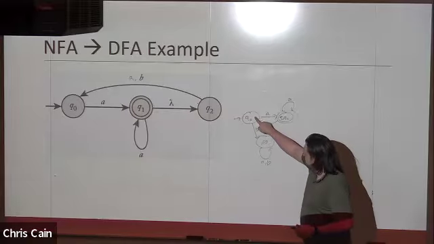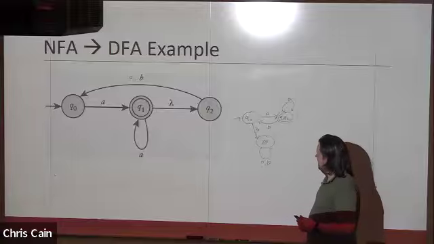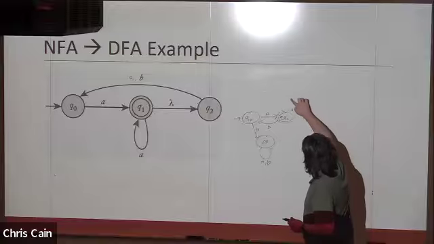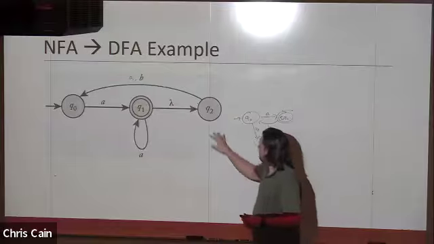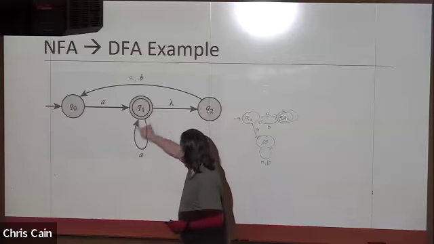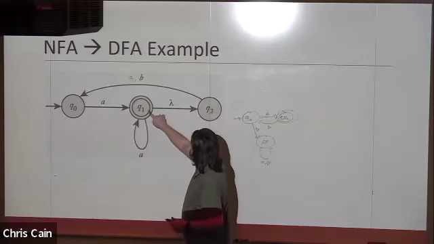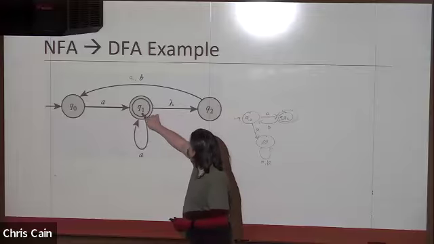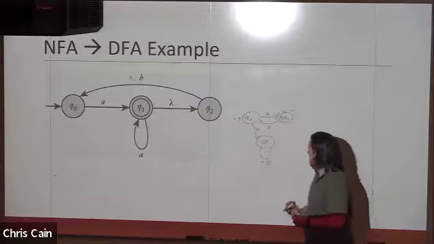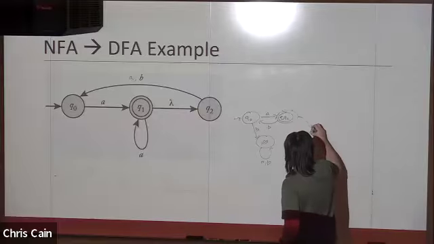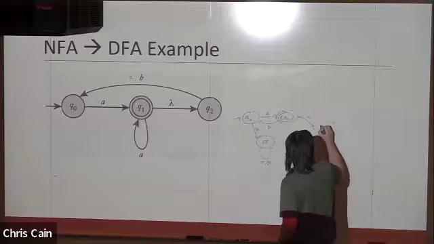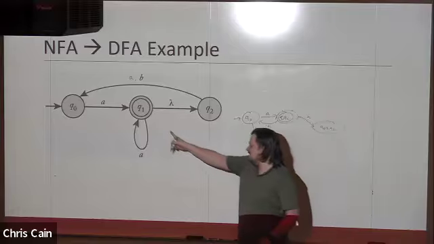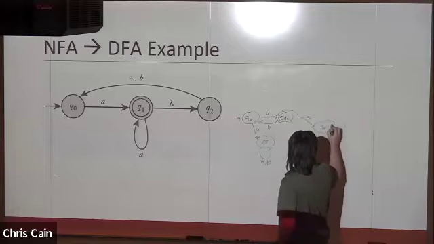Q0 on an A can still only get us to Q1 or Q2, but now this edge goes away because from Q1 or Q2, reading an A, either read an A, teleport, read an A, or read an A, stay here. So this A edge now goes to a new state, Q0, Q1, Q2. And since at least one of those states is final, this whole state is final.